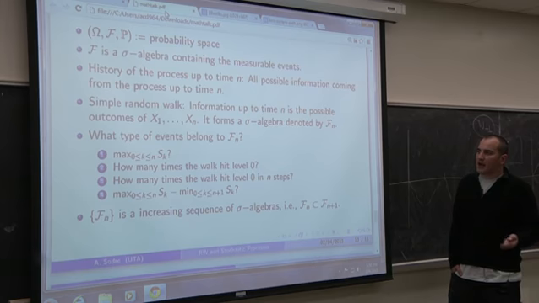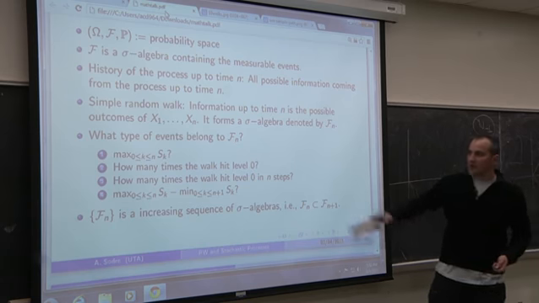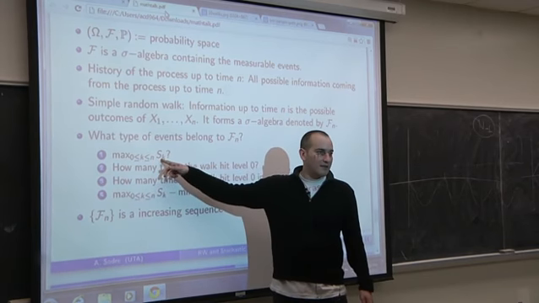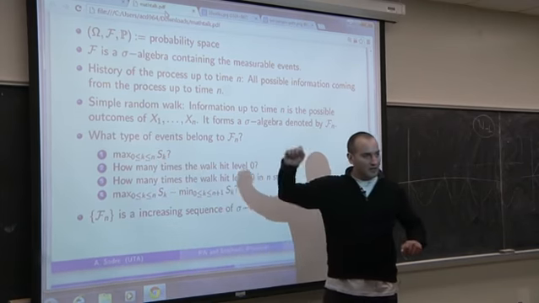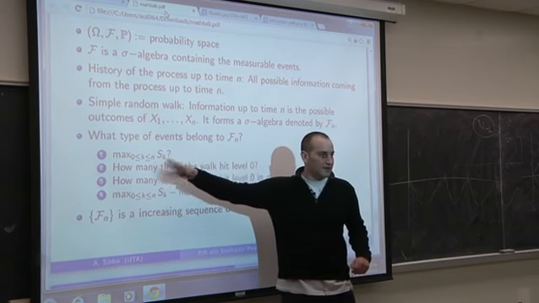For example, the max of the random walk. Can I measure that? Can I assign a probability to it? Well, the max from 0 to n, yes, I can. I can always look at the trajectory and compute the probability of the max in the past.